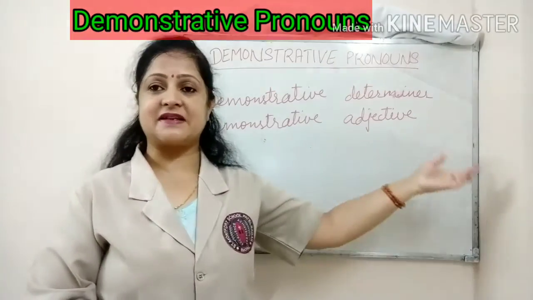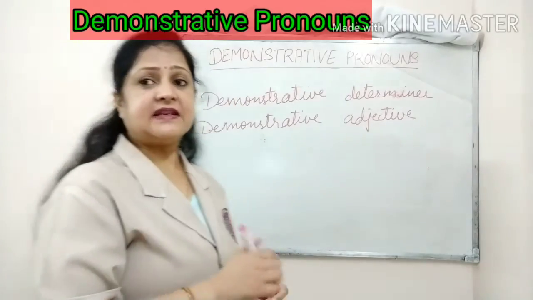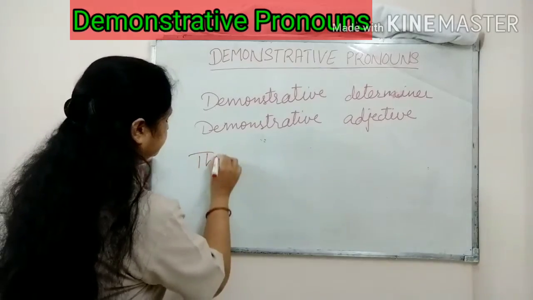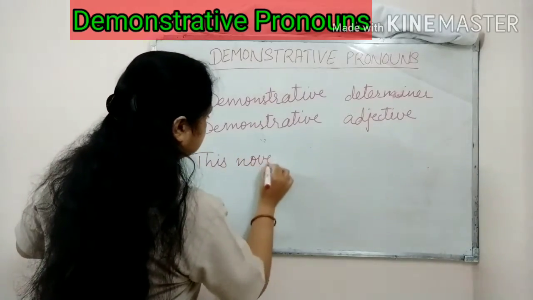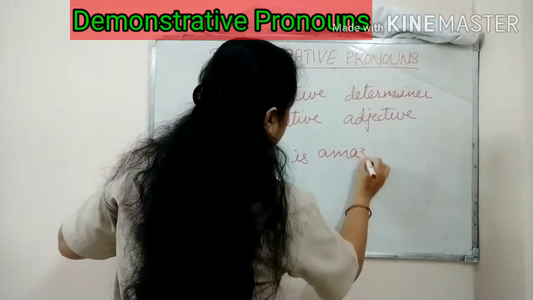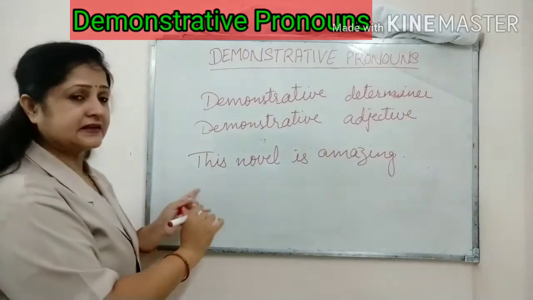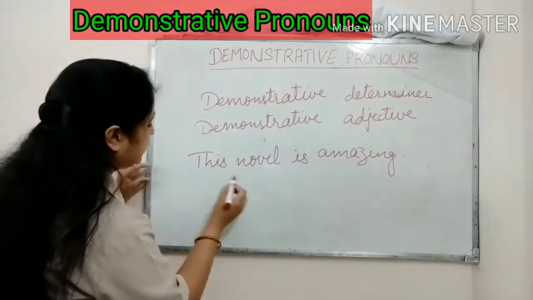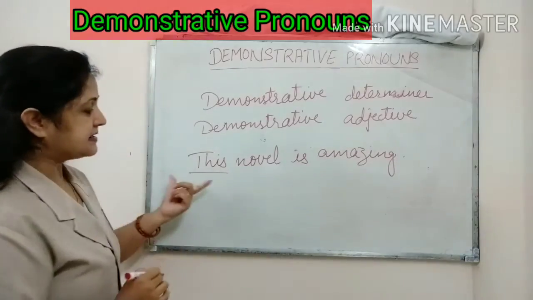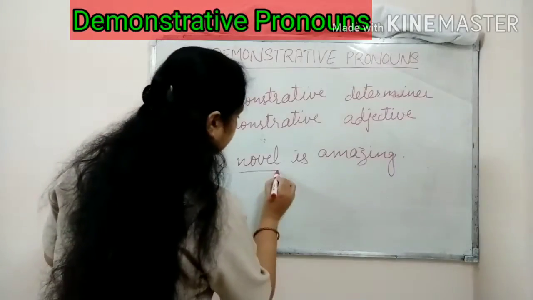So let's take some examples here. I am writing one example here. This novel is amazing. In this sentence we can see that the demonstrative pronoun this is given, and just after it we are writing the noun.